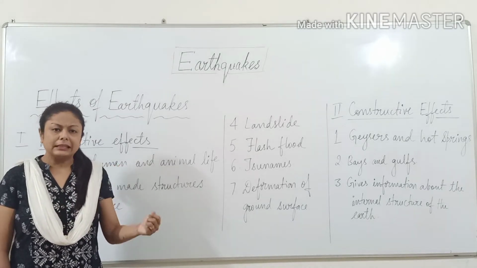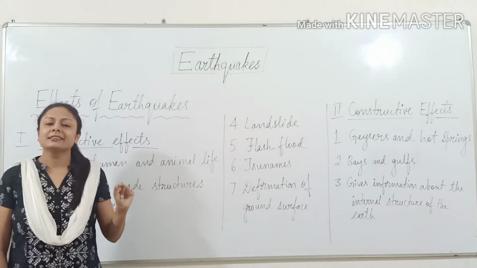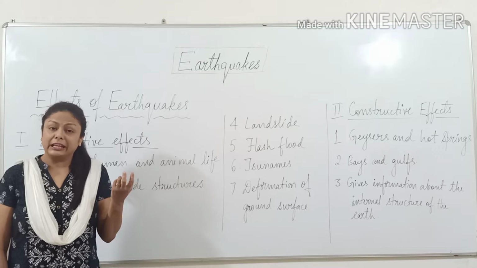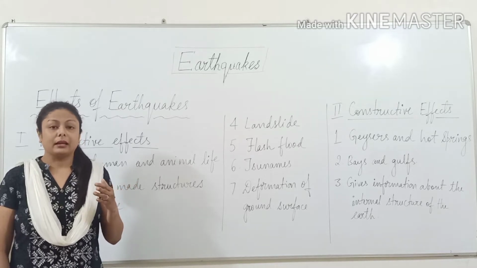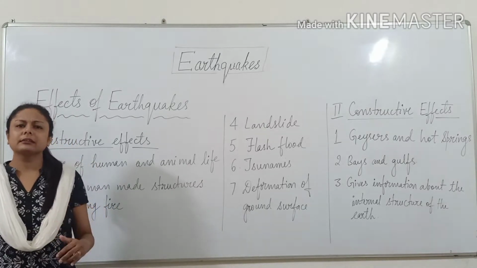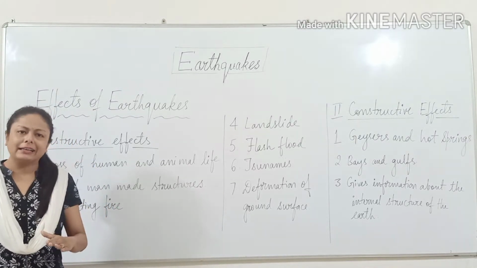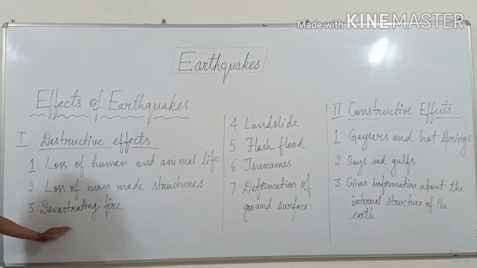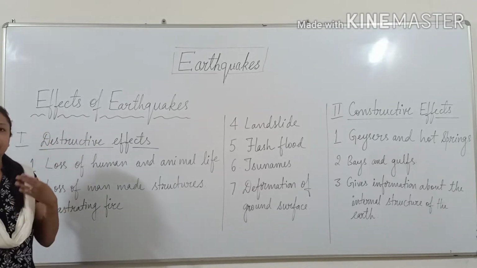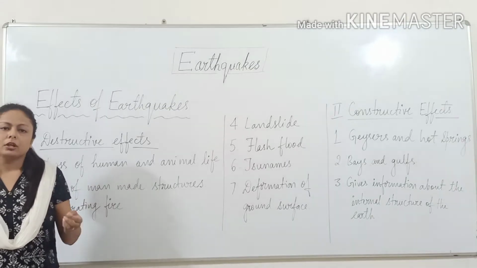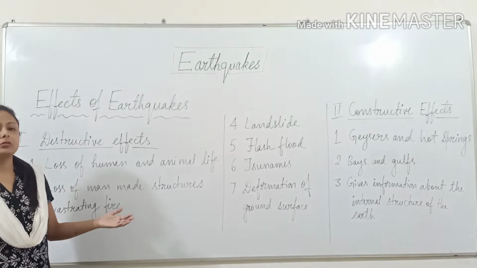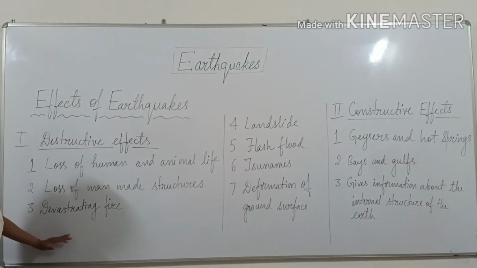Then if there is a leakage due to the earthquake in the gas pipelines, natural gas is highly inflammable, so this also catches fire. So there are several incidents of fire related to earthquakes. Even petroleum, if it is exposed to fire, catches fire as a result of an earthquake. So these are the devastating effects of an earthquake.